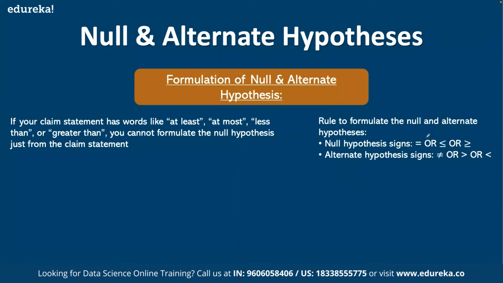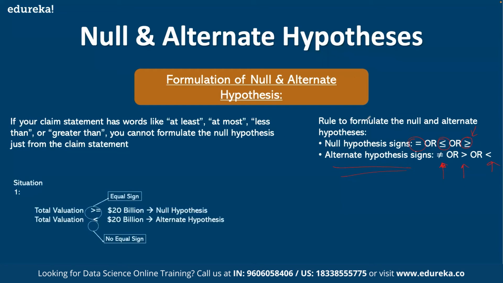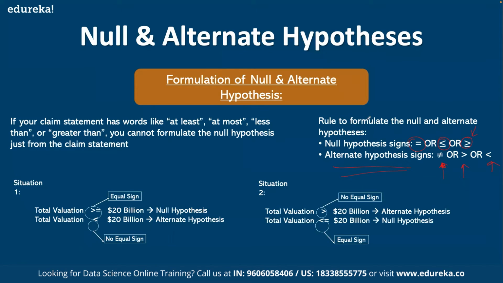These are the ways in which you are going to formulate your null hypothesis, and the alternate hypothesis is the opposite of it. If I'm using equal to, it is not equal to. If it is less than or equal to, then it will be greater than. If it is greater than or equal to, then it will be less than. This is how we formulate the null and alternate hypothesis, and then we go ahead and perform the testing.